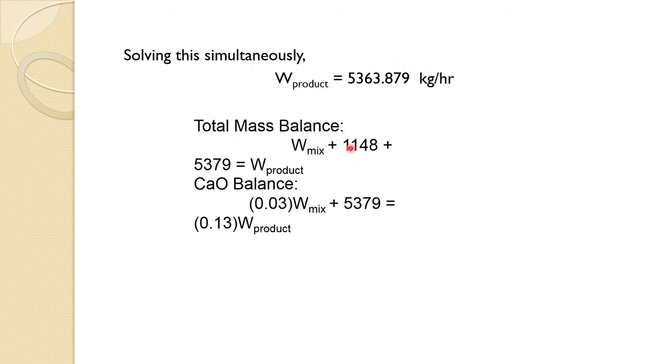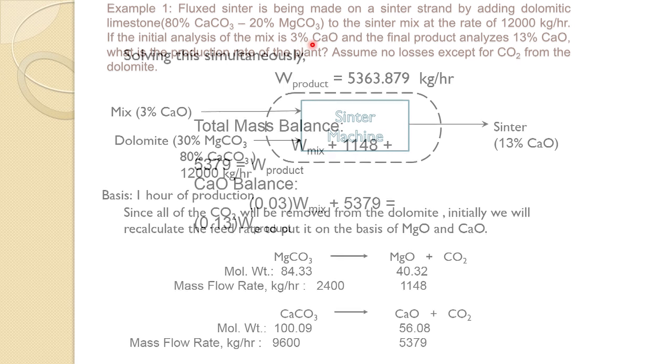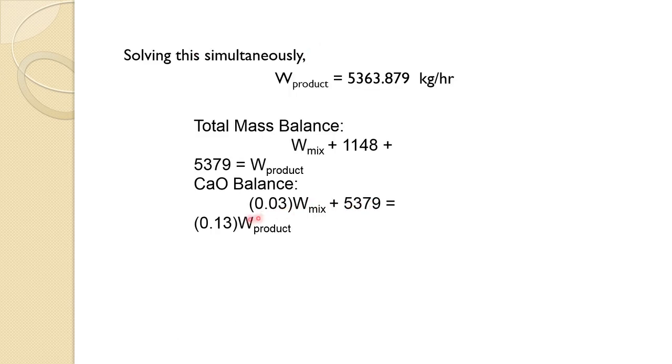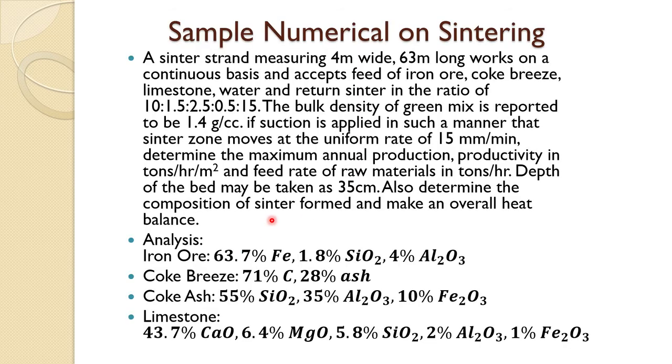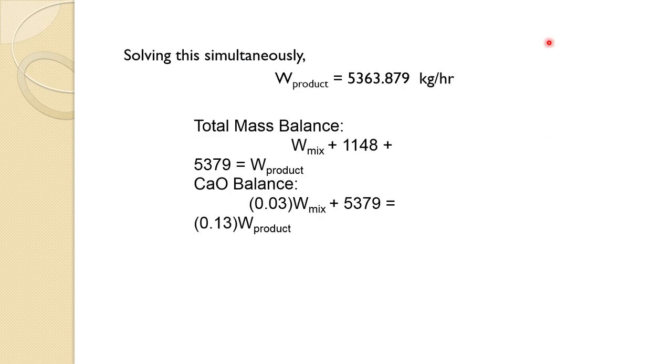So, total mass balance if we do it: W mix plus 1148 MgO plus 5379 CaO equals product. Now, W mix for the CaO balance, it is 0.03, it is saying about 3% CaO in the mixture. So, this plus this should be giving 13% CaO in the product.